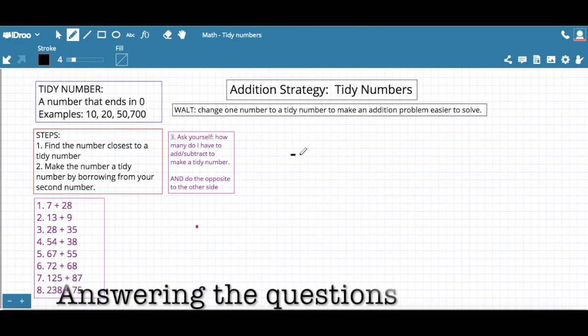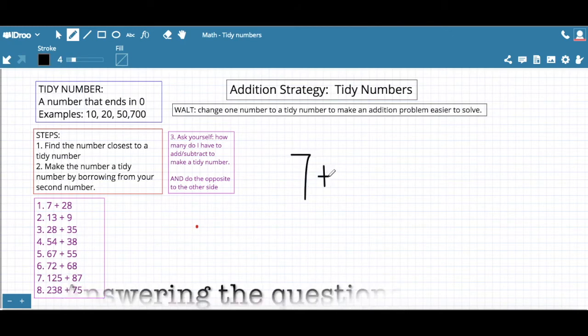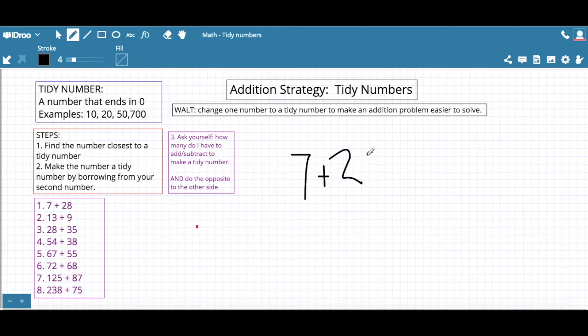Okay, so the first one is 7 plus 28. First step, we have to figure out what number is closest to a tidy number. 7 plus 28, that would be 28. We have to add 2. If we add 2 to one side, we have to subtract 2 on the other side.